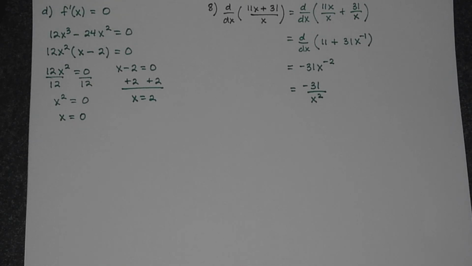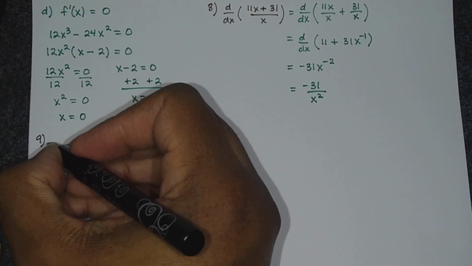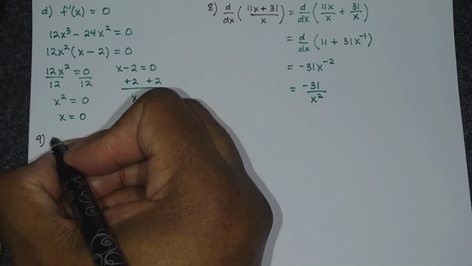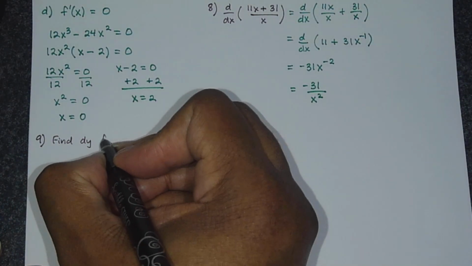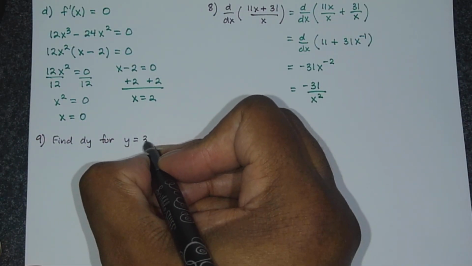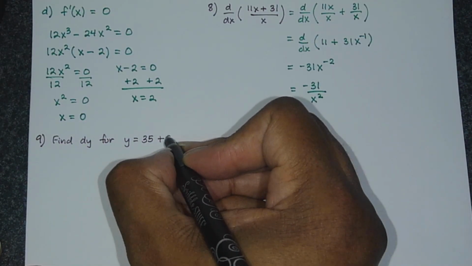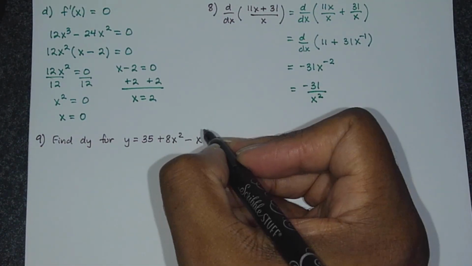Now, in problem number 9, they want you to find dy for y is equal to 35 plus 8x squared minus x cubed.